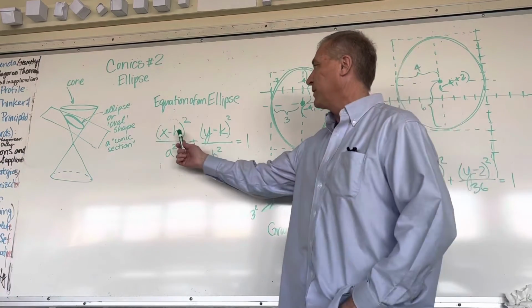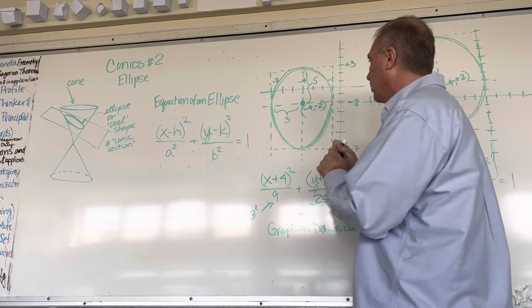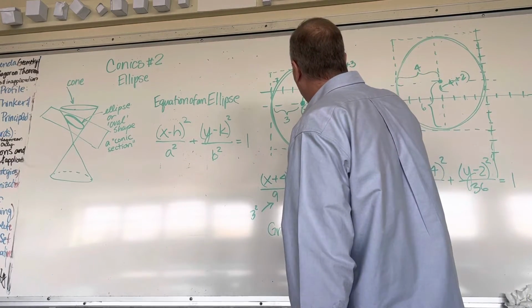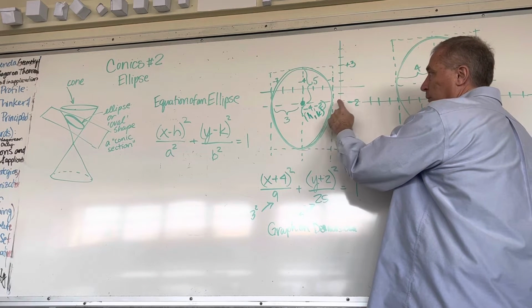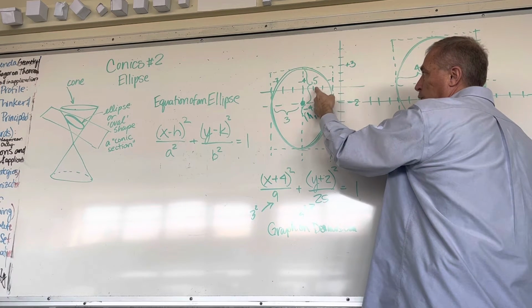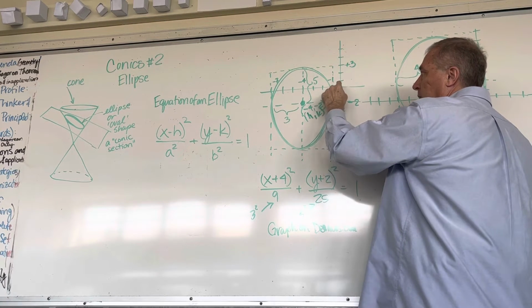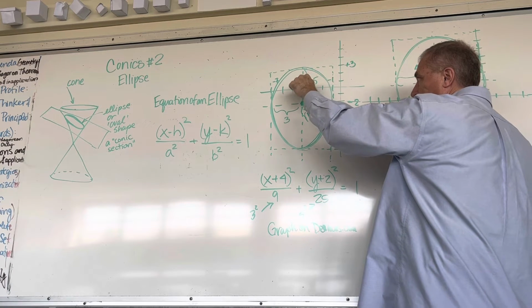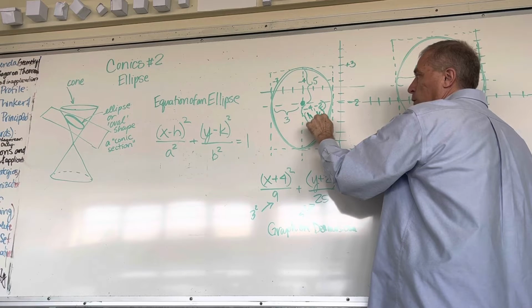First things first, you have a center, (h, k). So right here in the center of the ellipse, this would be h, comma k. And h is the x value. So if this center is back 1, 2, 3, 4 on the x, this would be a minus 4 for h. And k is the y value, so it's back 4, down 2, so minus 4, minus 2.